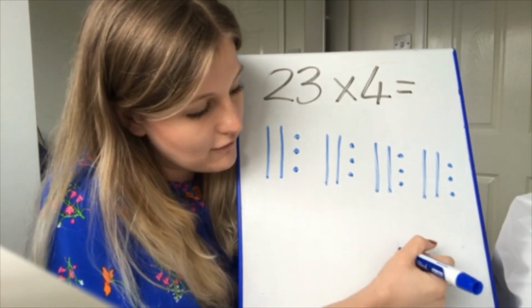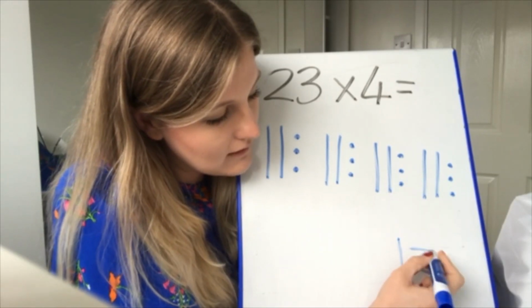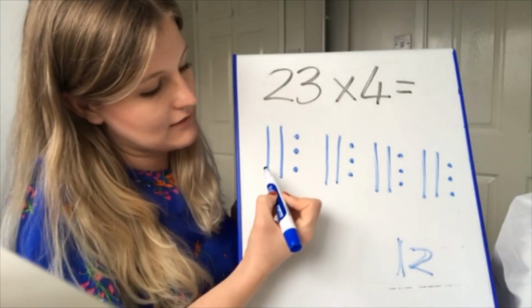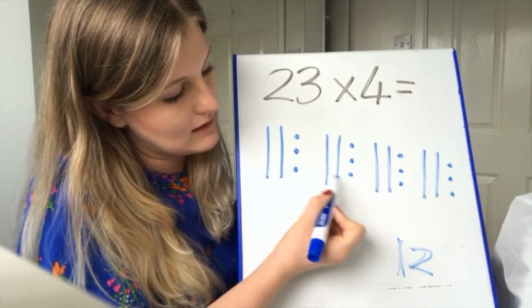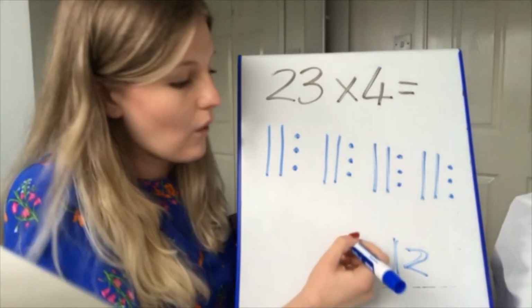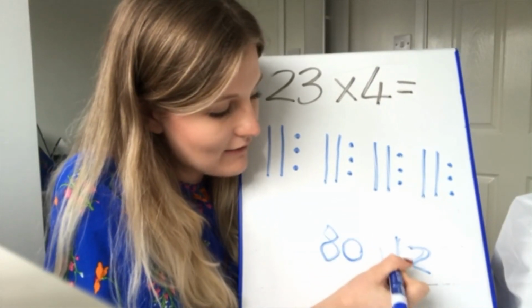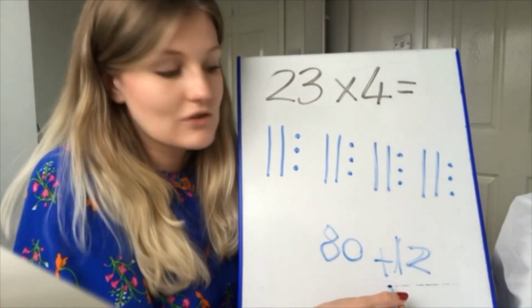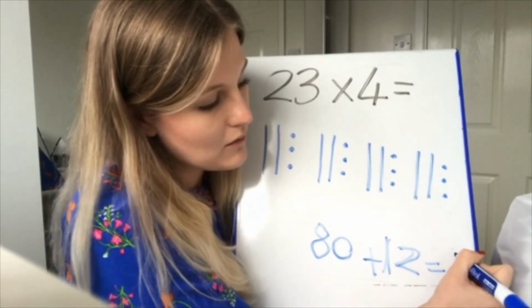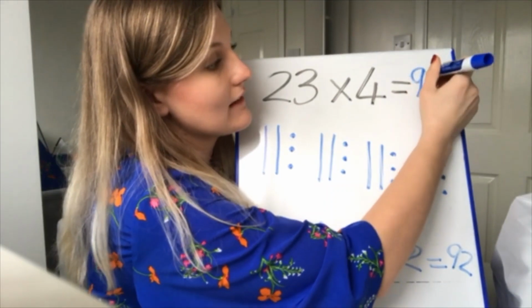So I've got 12 1s. How many 10s have I got? 10, 20, 30, 40, 50, 60, 70, 80. 8 10s or 80. So now I can add together 80, add 12, which equals 92. So my answer is 92.